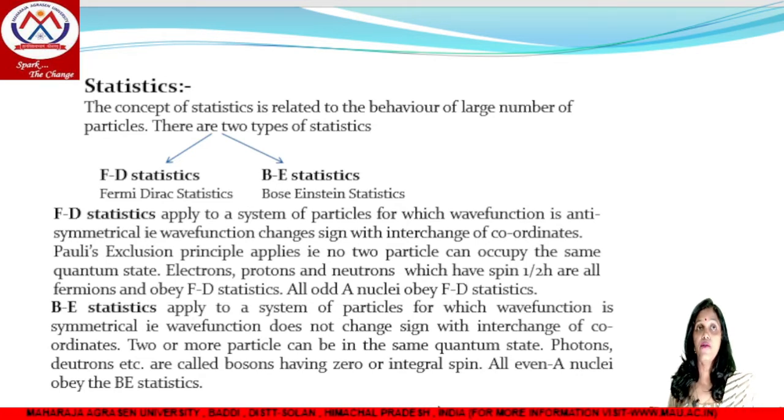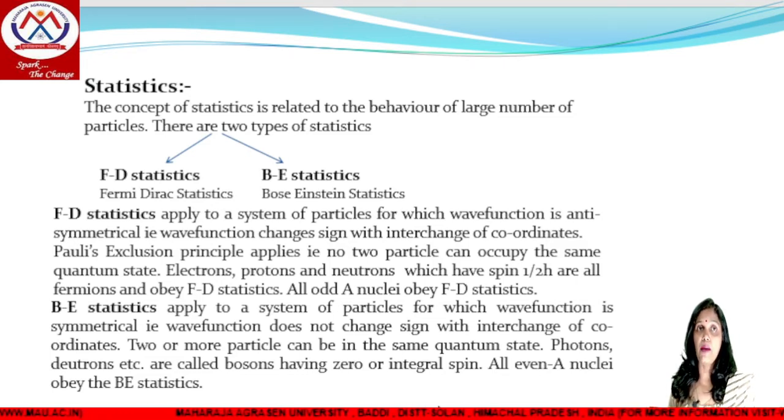That is, wave function changes sign with interchange of coordinates. Pauli's exclusion principle applies, that is, no two particles can occupy the same quantum state. Electrons, protons and neutrons which have half integral spin are all fermions and obey FD statistics. All odd A nuclei obey FD statistics.